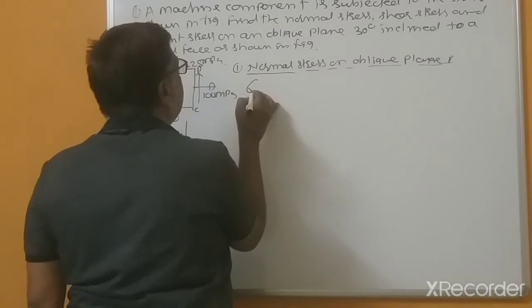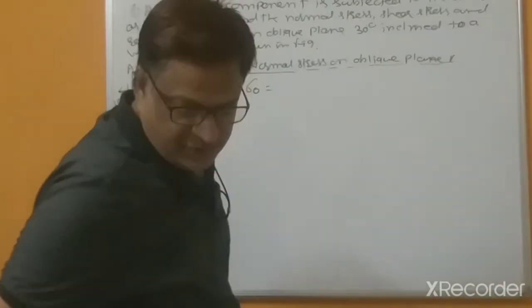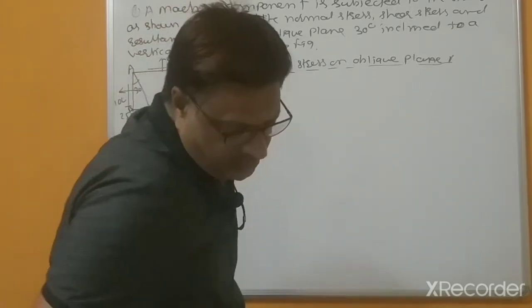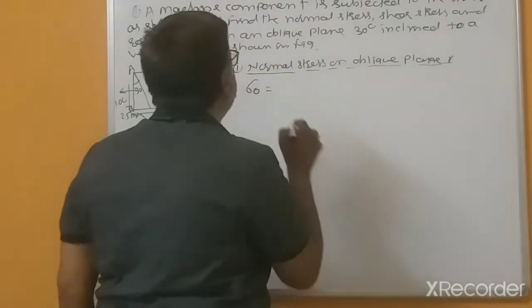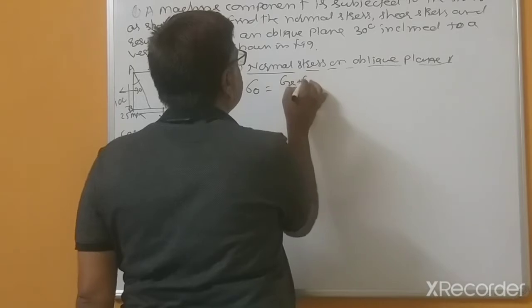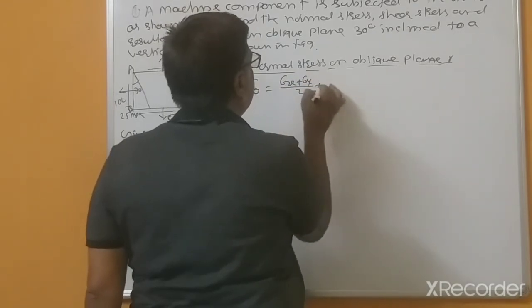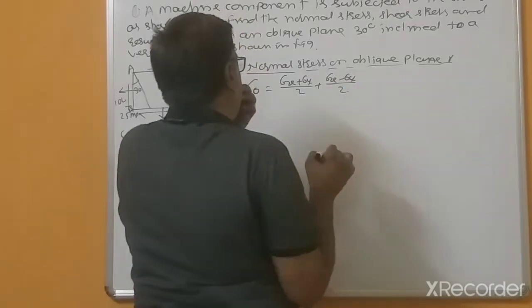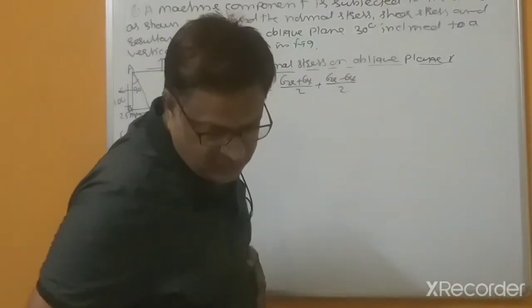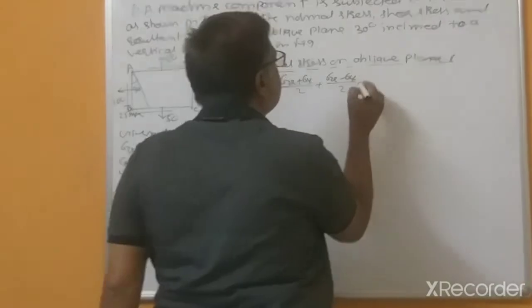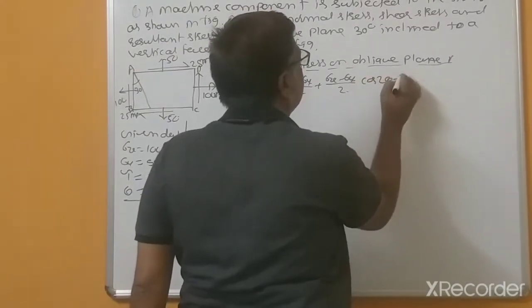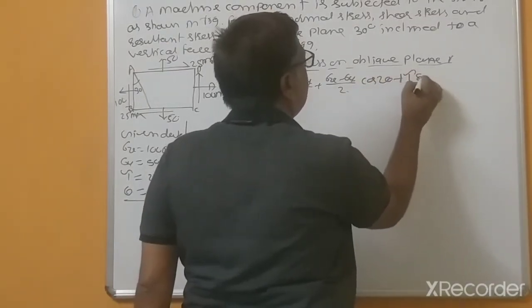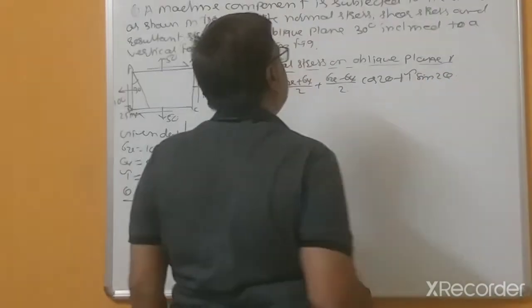So sigma theta equal to sigma x plus sigma y divided by 2 plus sigma x minus sigma y divided by 2 into cos 2 theta plus tau sin 2 theta.